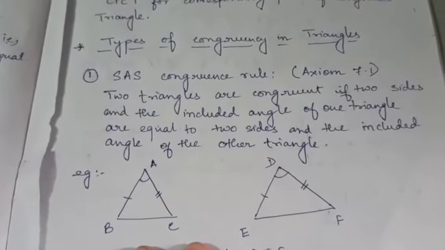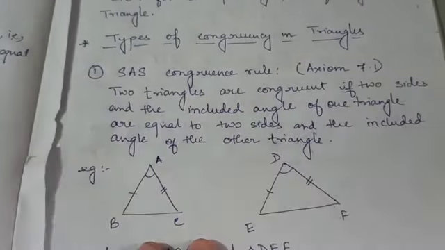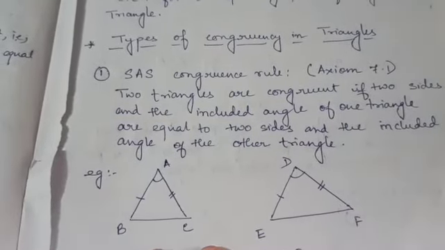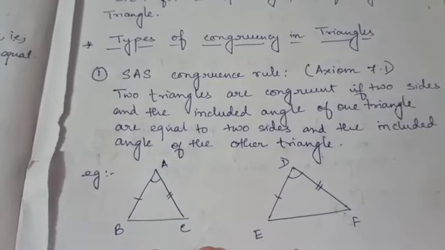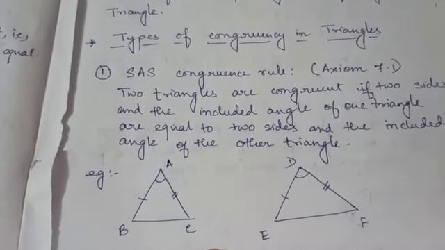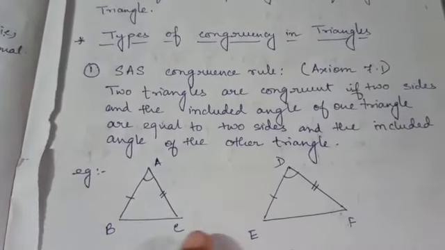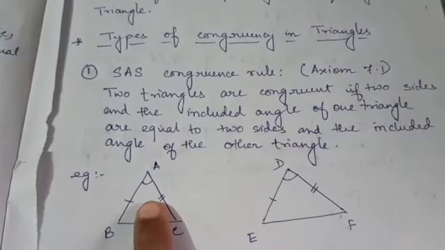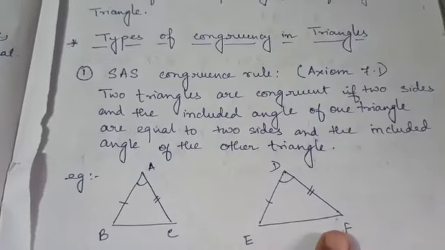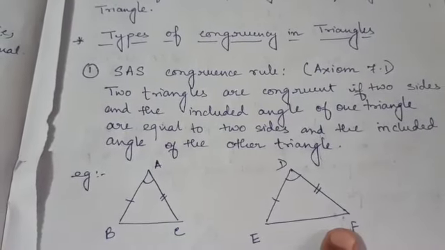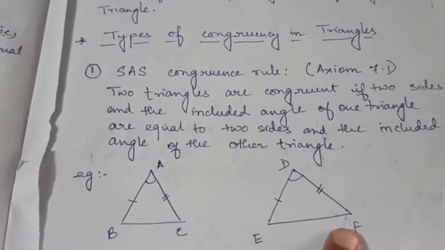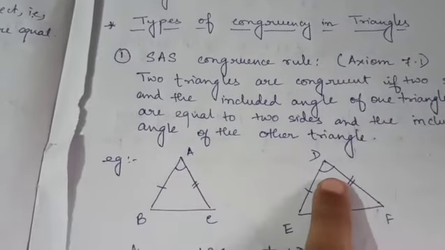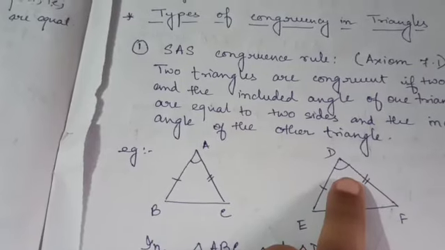Two triangles are congruent if two sides and the included angle of one triangle are equal to the two sides and the included angle of the other triangle. So when we have two different triangles, the two sides of one triangle and the two sides of the other triangle should be equal. So two sides we are getting and the angle that we are getting, that is over here angle A and angle D, are the included angle.